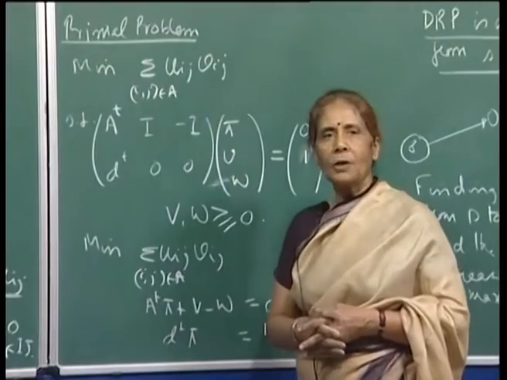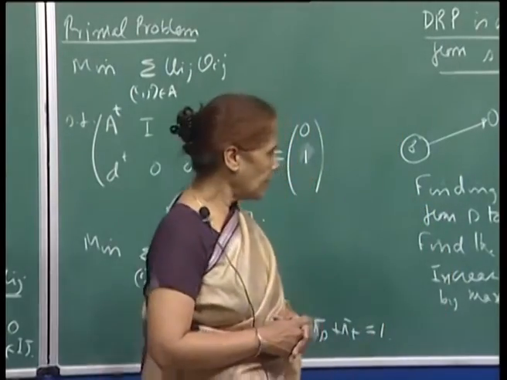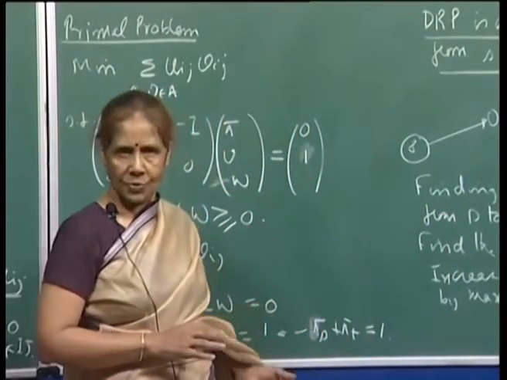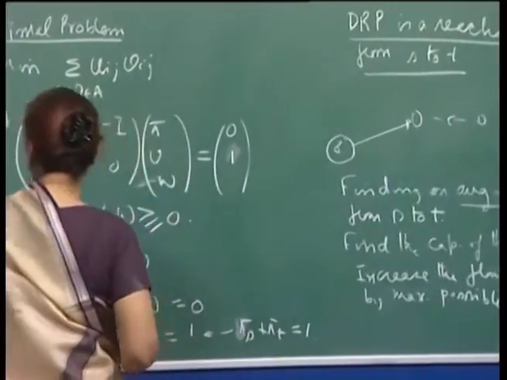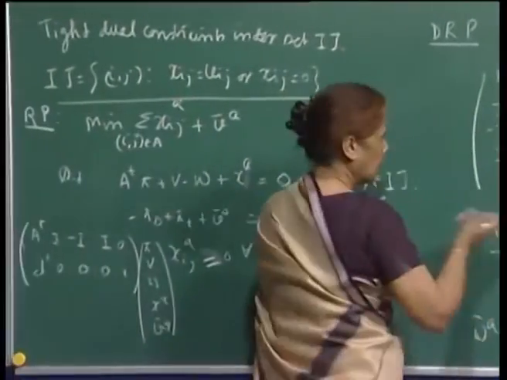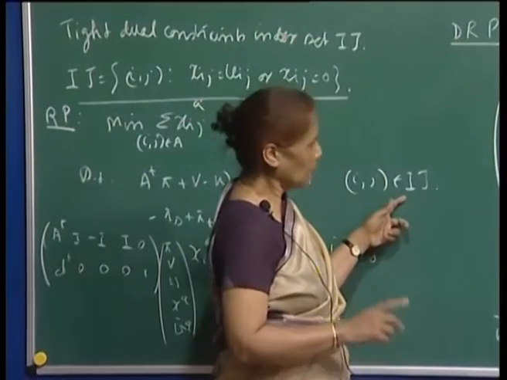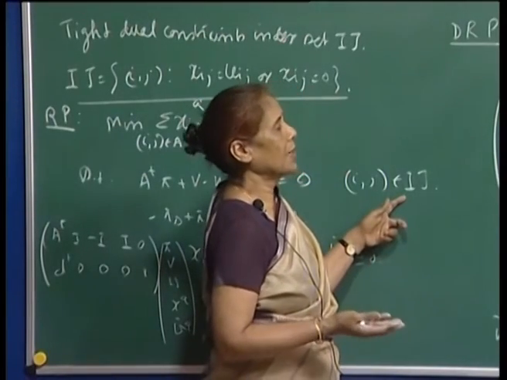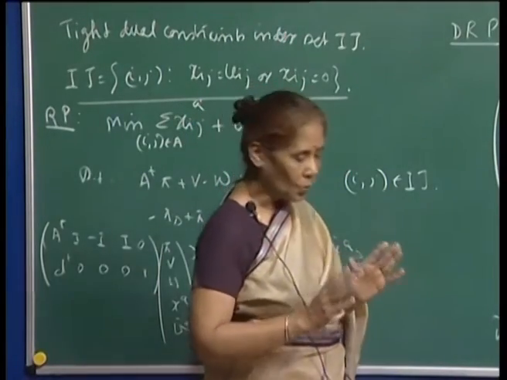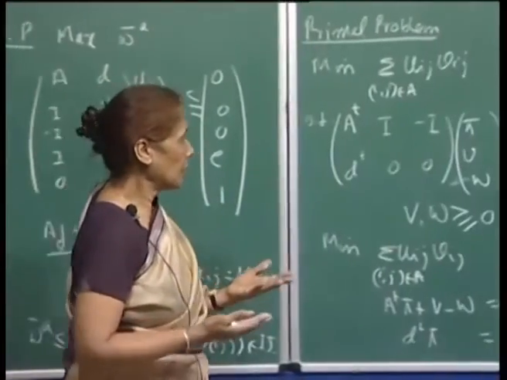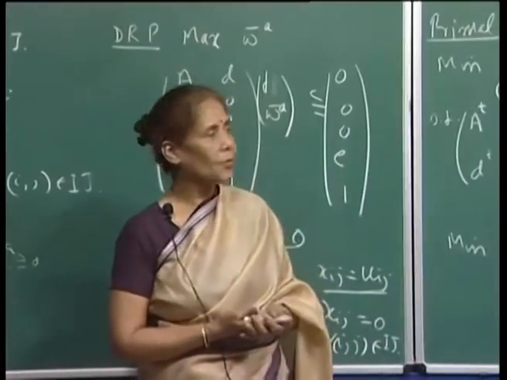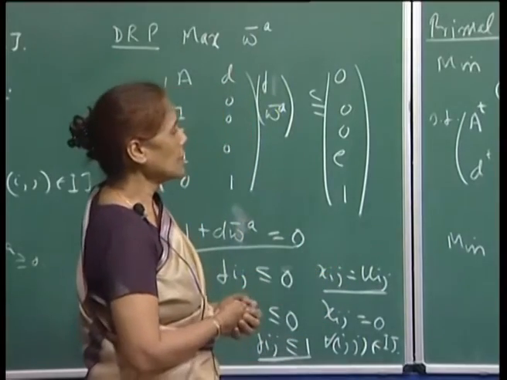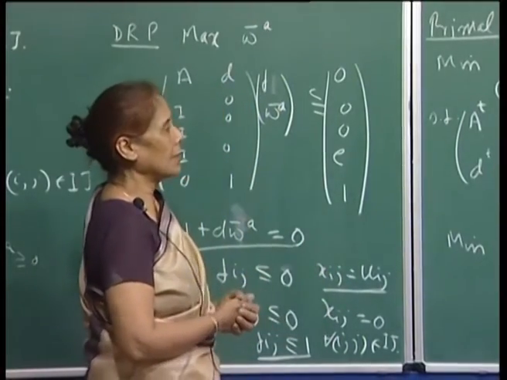Then you find the capacity of the augmenting path, increase the flow, update your dual solution, and then you will have your new IJ, right, and then you will again define a restricted dual problem, and then you will try to find an augmenting path. So, you will go on doing this, because your objective is to maximize the flow in the network, till you cannot find an augmenting path.